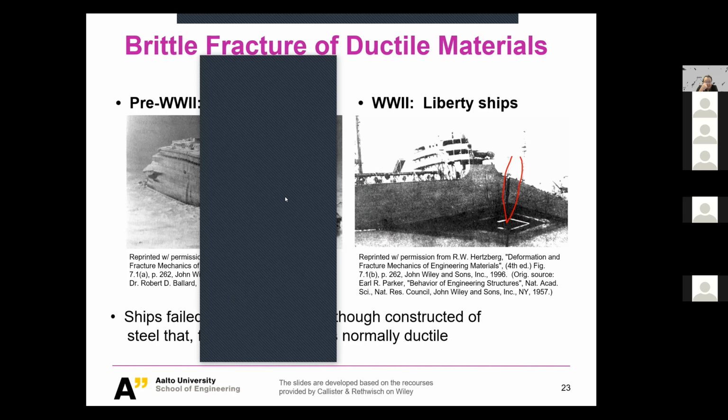Can you repeat the question, Professor? Yes, my question is, we usually consider metals, for example steels, to be so-called ductile materials. And why could steel develop so-called brittle fracture? Do you have any experience with it or any thought about it?